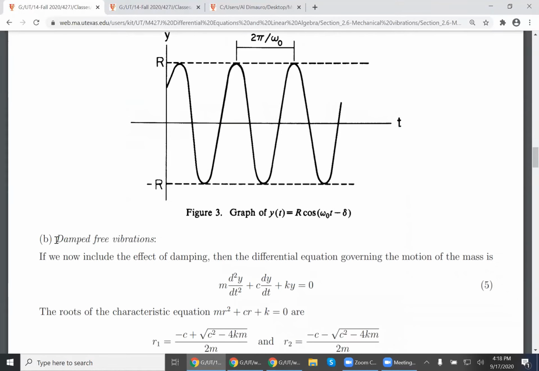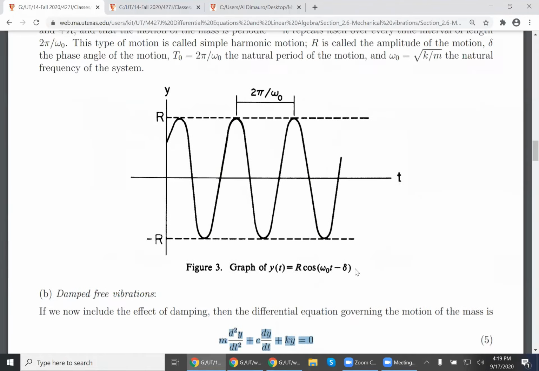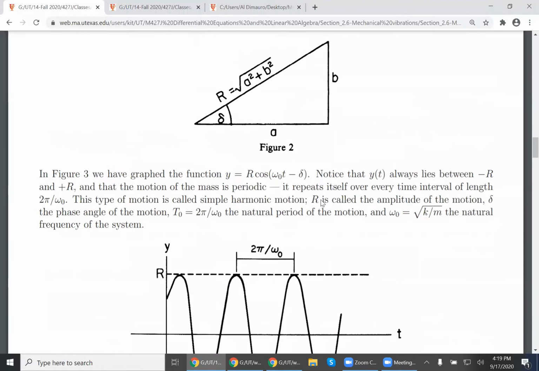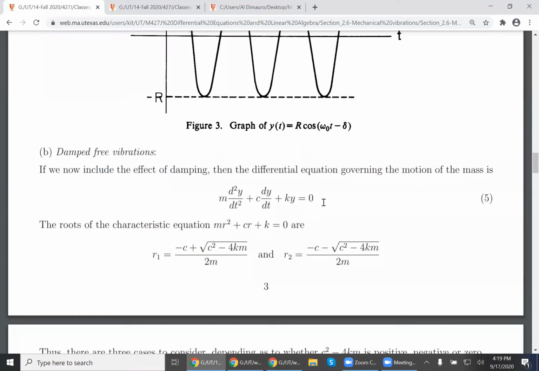Next case, damped free vibrations. If you compare this and what we just discussed, the right-hand side is still 0. But we do have the middle term, this term. So we are talking about a homogeneous second order linear differential equation with constant coefficients.